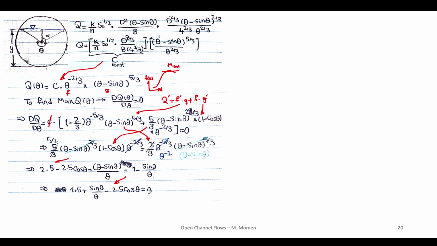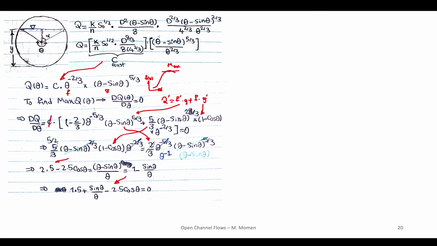So we need to solve this equation to find the theta which makes the flow rate maximum. There are many ways you can find this theta. One is just trial and error, right? So you can guess.